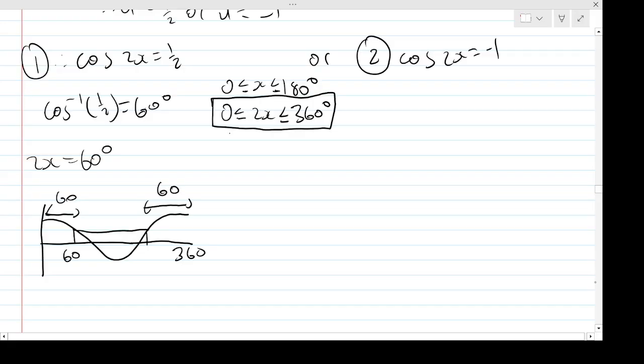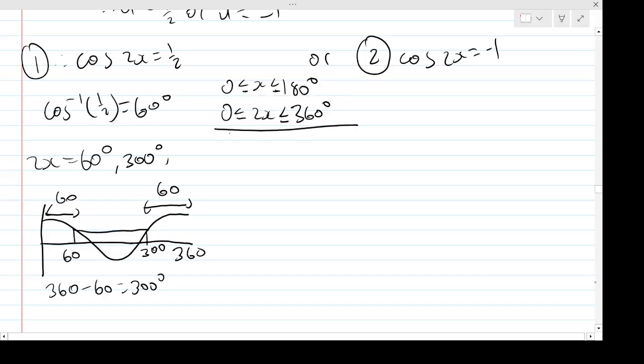That gap is 60. To work out the next solution, I need to take away 60 from 360. If I do that, I get 300 as my next solution. Okay, so 300 there. So those are my first two solutions, and actually those are the only solutions between 0 and 360.